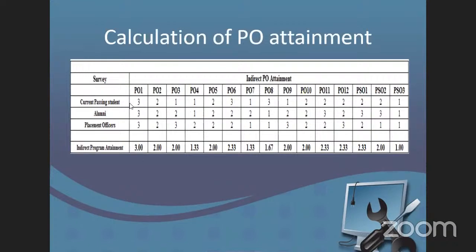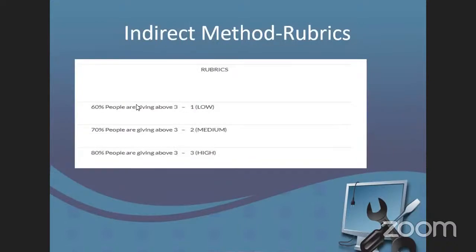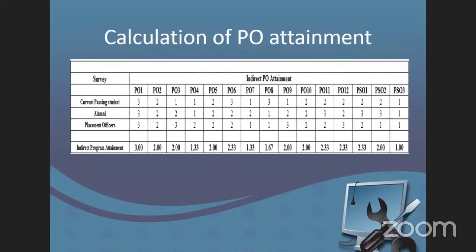The consolidated value I have given: what is the meaning of this? PO1, 3. 80% of the people have given the rating above 3. That's why PO1 is getting the value 3. Likewise, it is framed for all the POs till PO12.